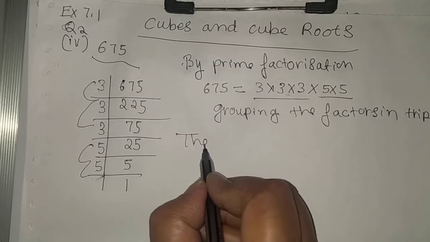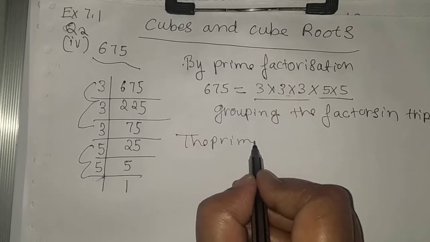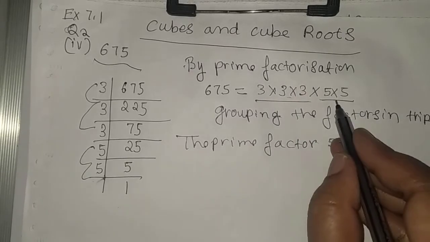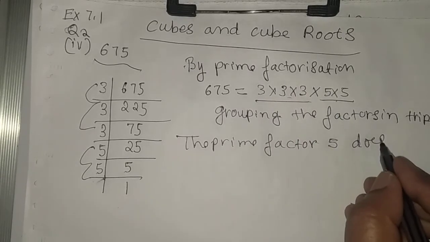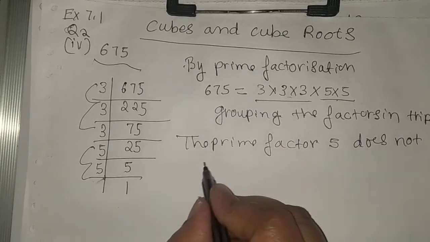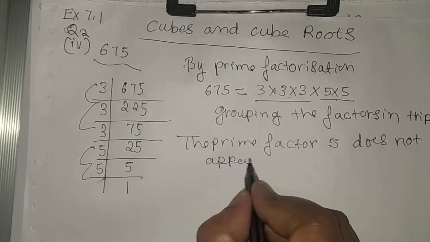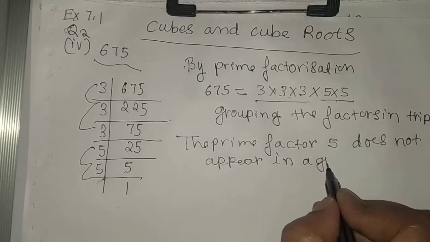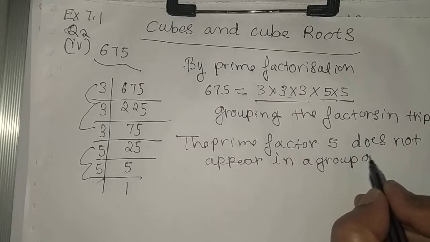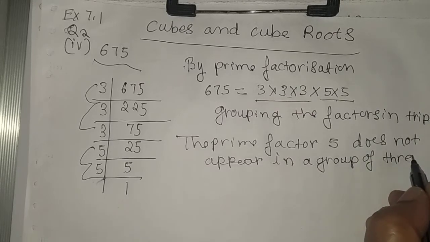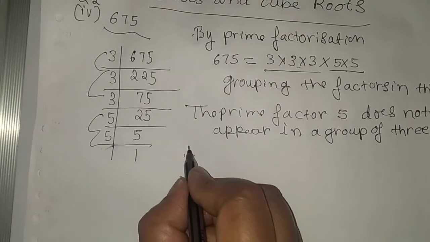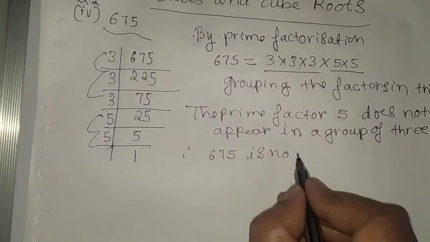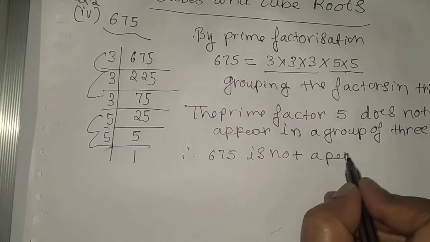Next step, the prime factor 5 does not appear in a group of 3, since there are only two 5's here. So 675 is not a perfect cube.